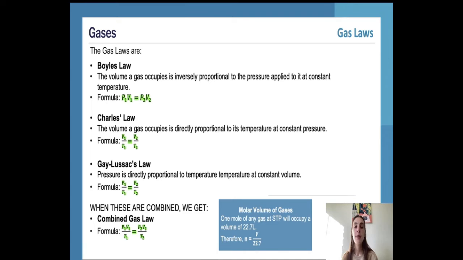This means that we can use this formula, which is n equals volume divided by 22.7. So if we don't know the number of moles of a gas, but we know the volume, we can determine the number of moles. Or if we want to know the volume, but we know the number of moles, we can determine the volume using this formula.